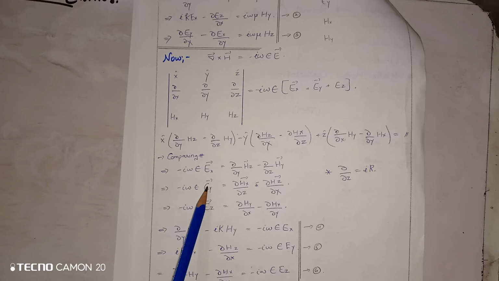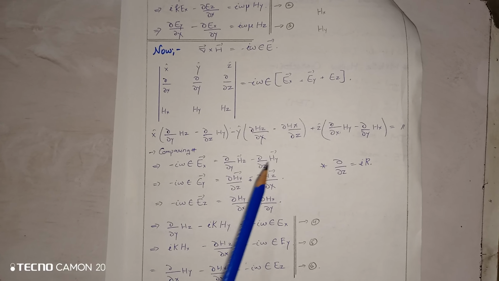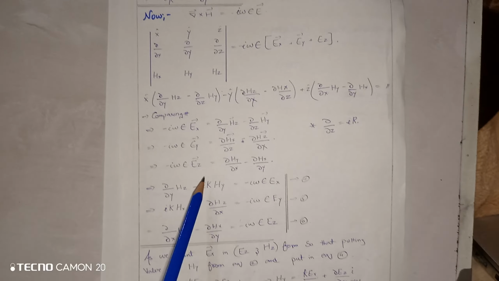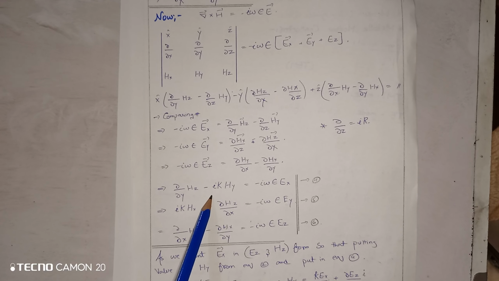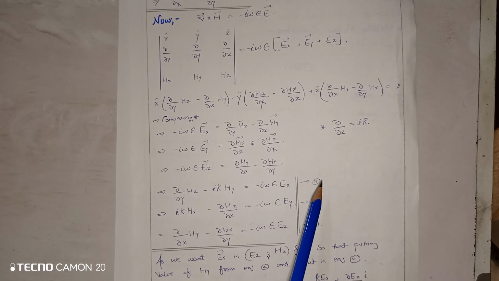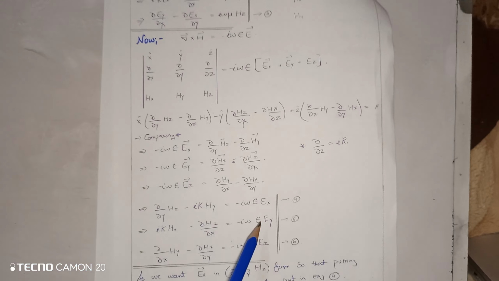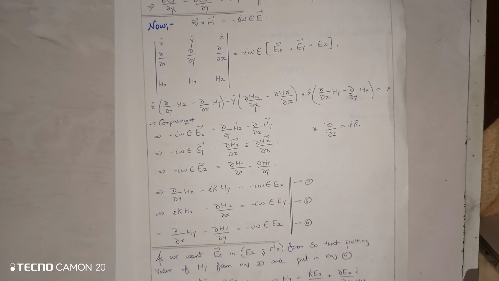Okay, you can see here. Similarly, partial by partial z again becomes iota k. So again this is similar, equals this. Now you can name these equations 4, 5 and 6. Now these are your first three equations, and these are your next three equations.